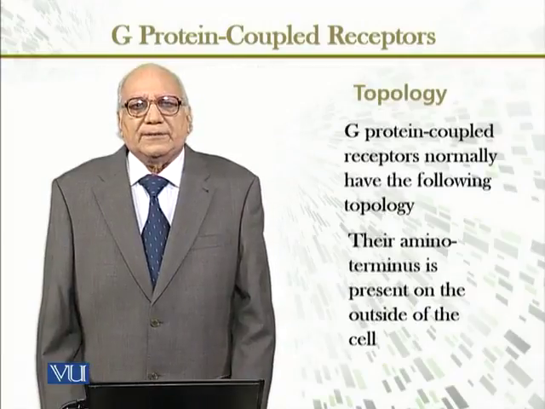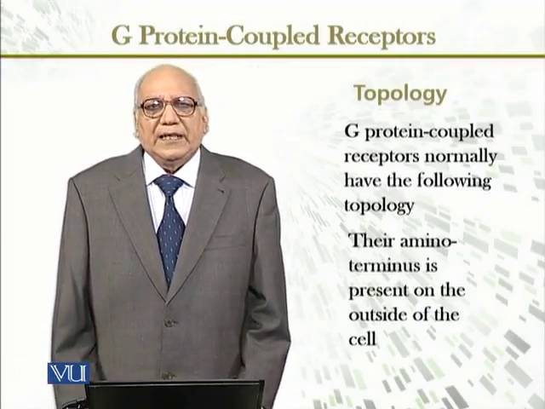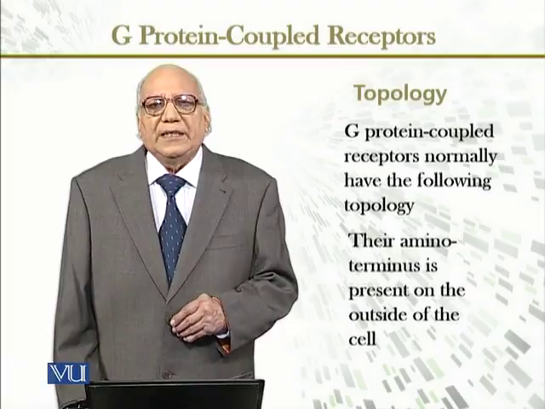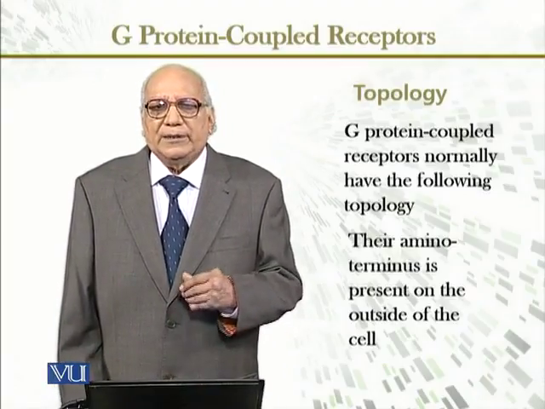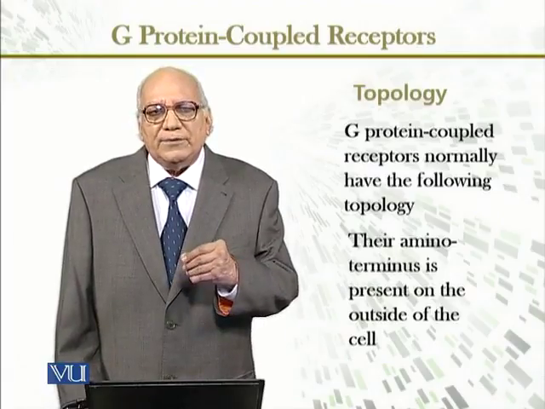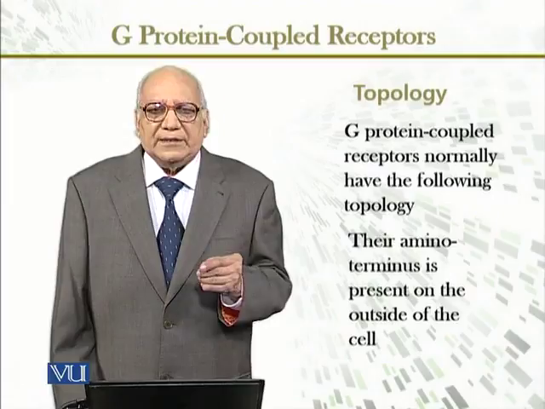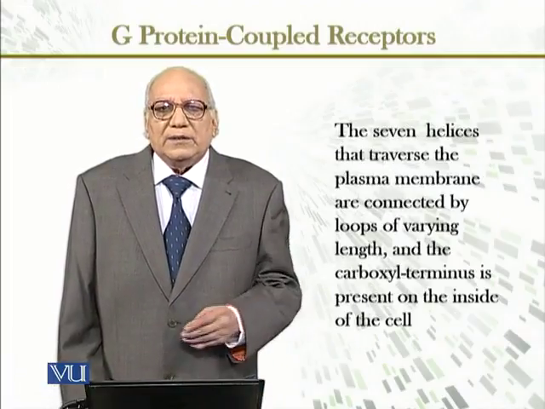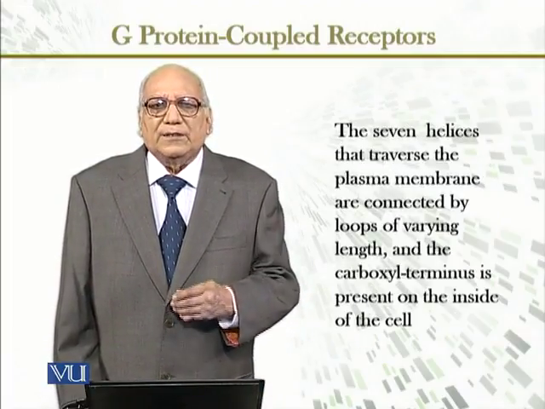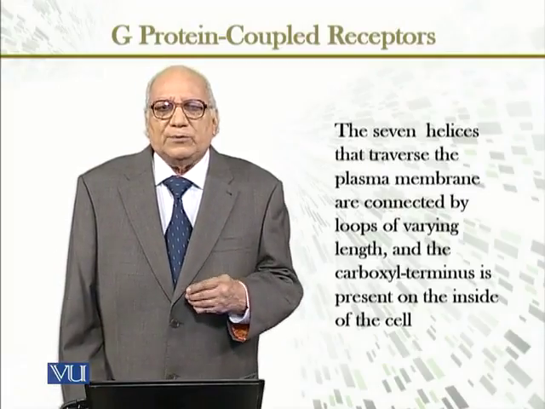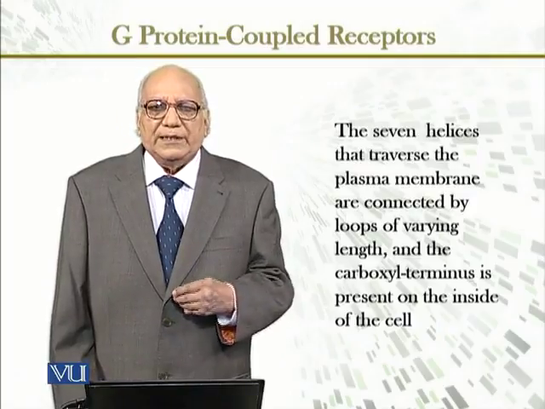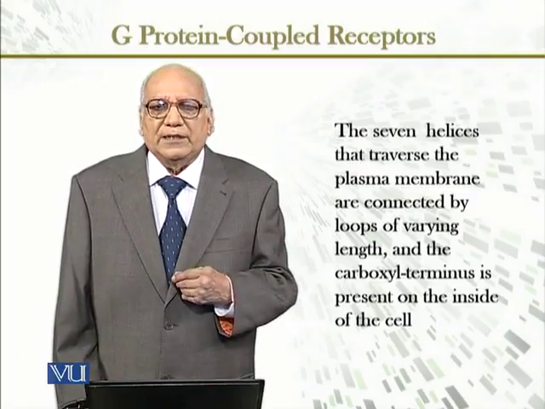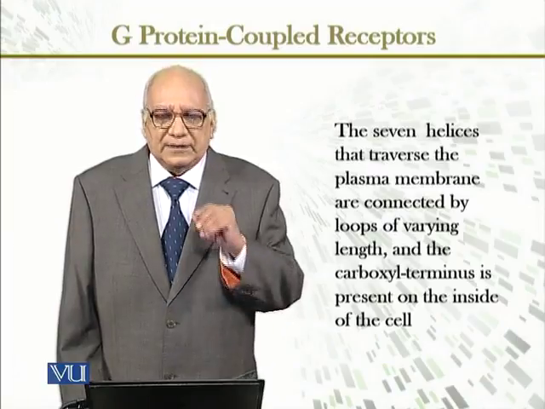Now the topology of the receptor is also very important, and we will see that G protein coupled receptors normally have a topology where the amino terminus, the NH2 of an amino acid, is present on the outside of the cell, and the 7 helices that traverse the plasma membrane are connected by loops of varying length, and eventually the carboxyl terminus of the amino acid is present on the inside of the cell.